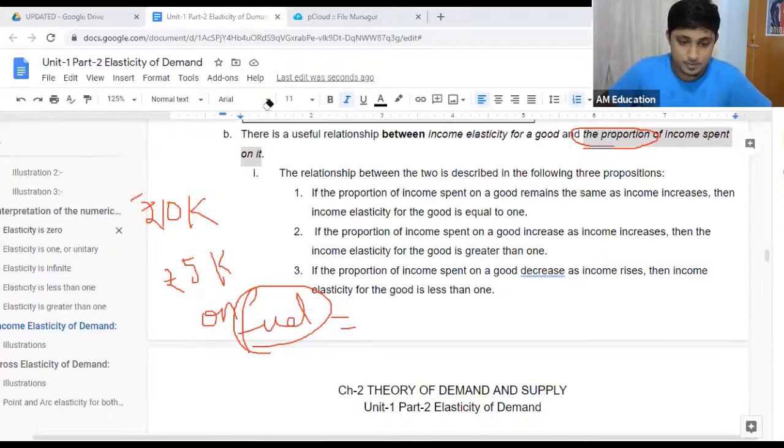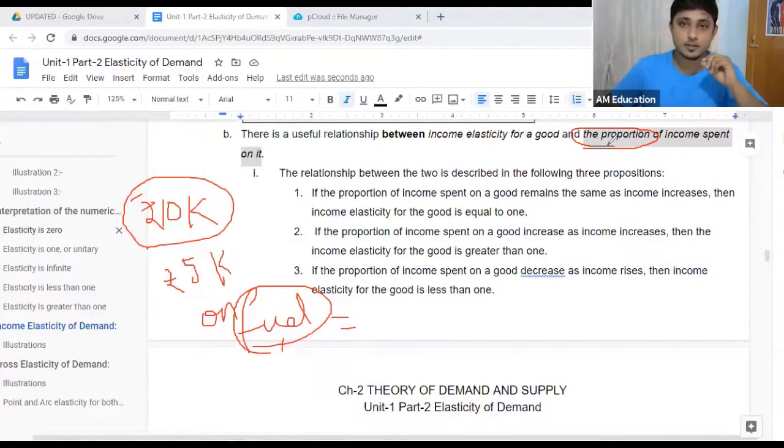How do you find out the proportion that I spent? Proportion is also a percentage. Proportions could be in fractions or in percentage. You want to tell how much of the income is used, right? So how much of my income is spent on fuel is what I am asking, and that is what this second thing, the proportion of income spent on it, tells us.